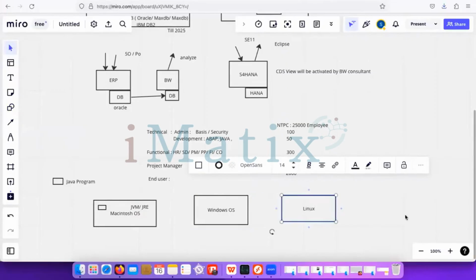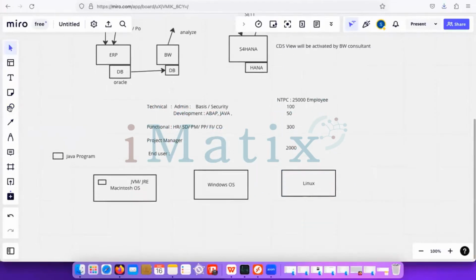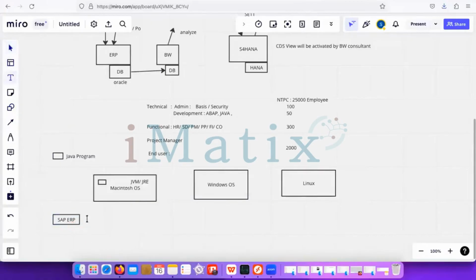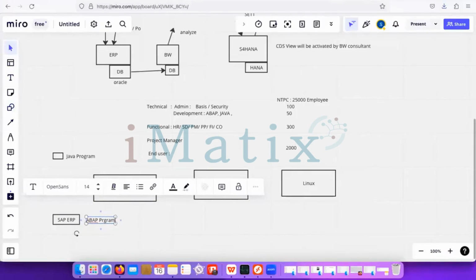Same way, SAP applications like SAP ERP. This application is written in ABAP language. This is the ABAP program or SAP ABAP application.